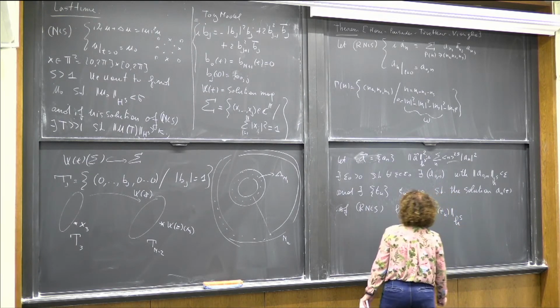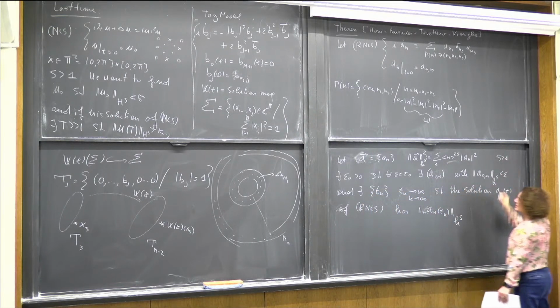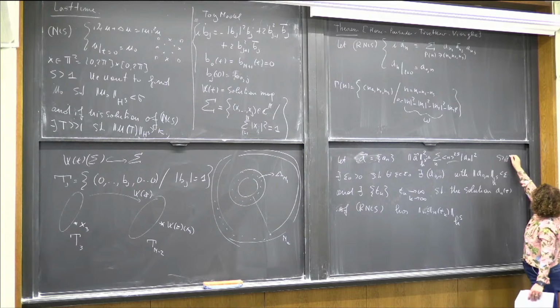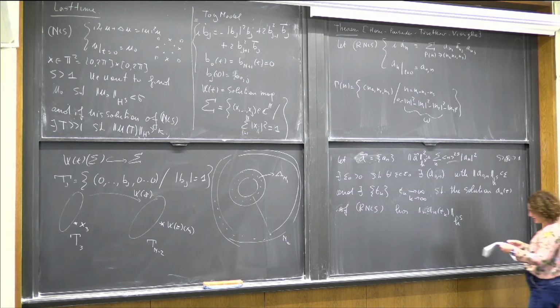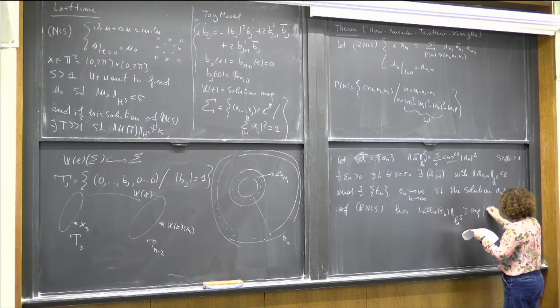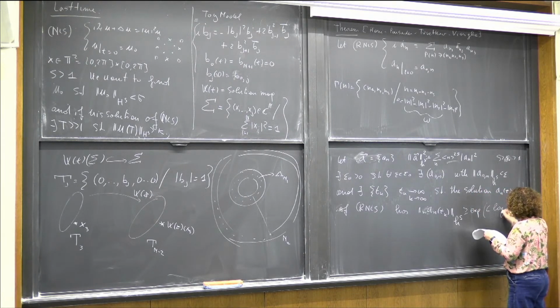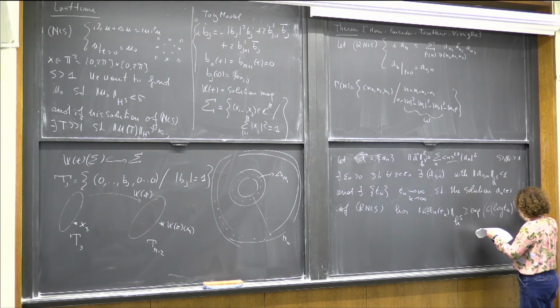By the way, I didn't say, but the s here is greater than 1 as usual, and maybe even greater than a certain s0, I'm not quite sure. But it doesn't matter, s is large for us. And this norm is greater than exponential of a constant times log tk to the 1/2.